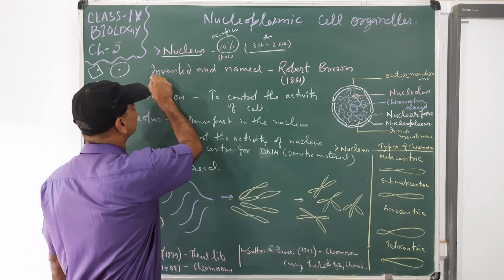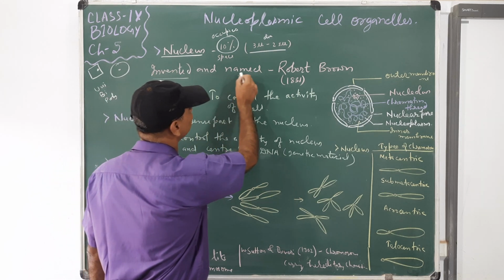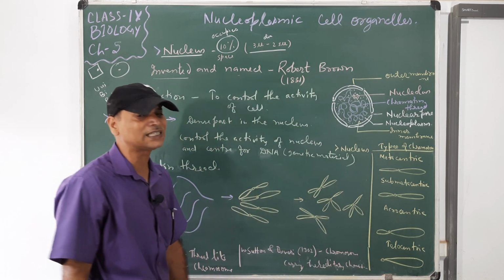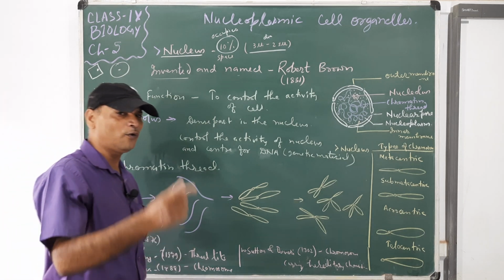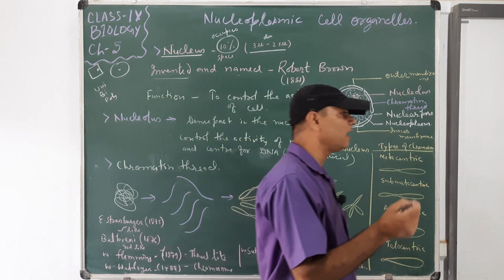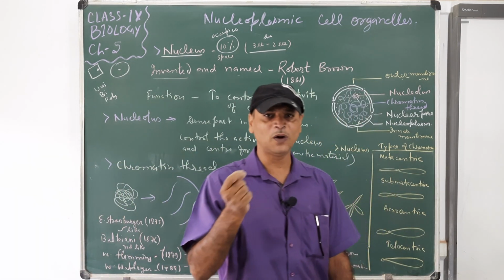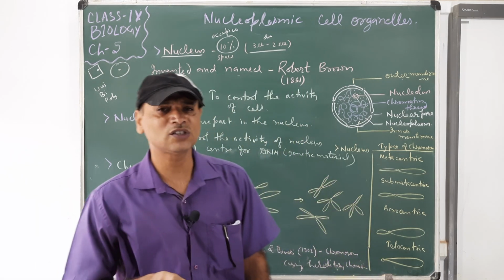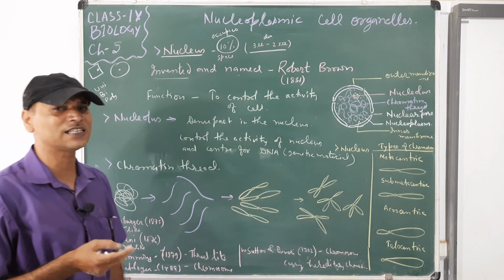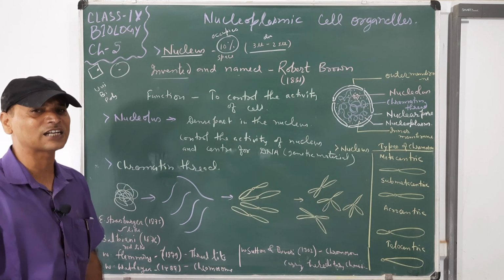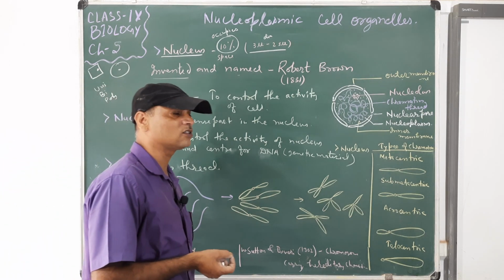It was discovered and named by Robert Brown in 1831. When you see the onion peel and the cheek epithelial, this is the practical experiment in your syllabus.